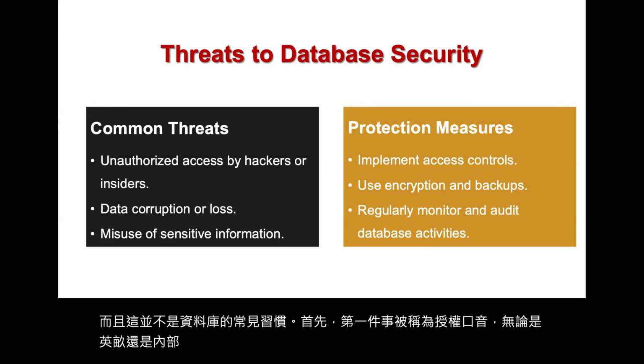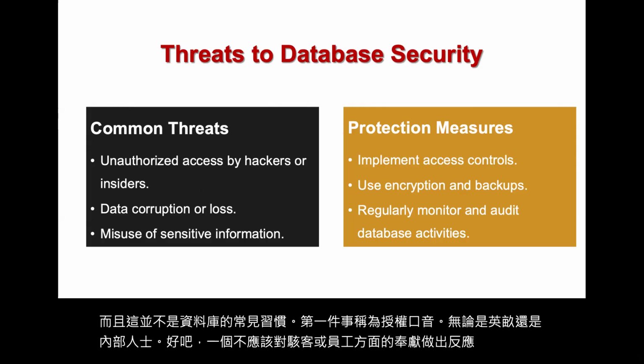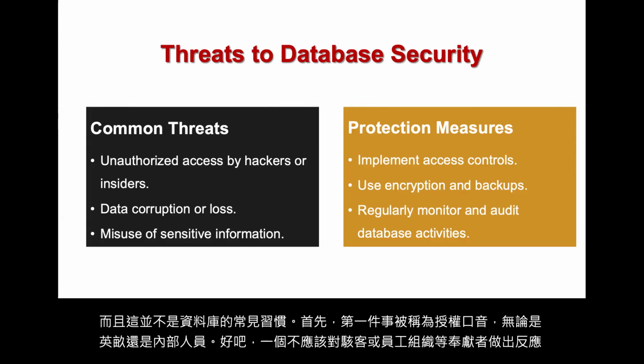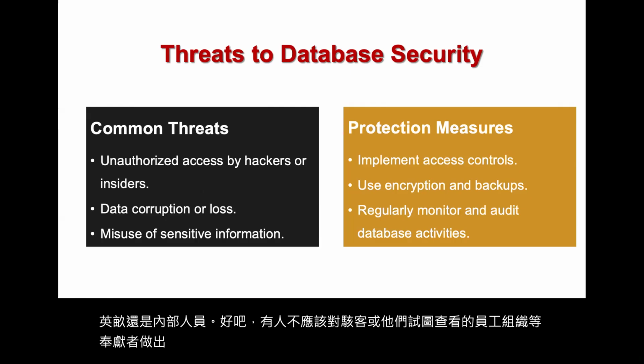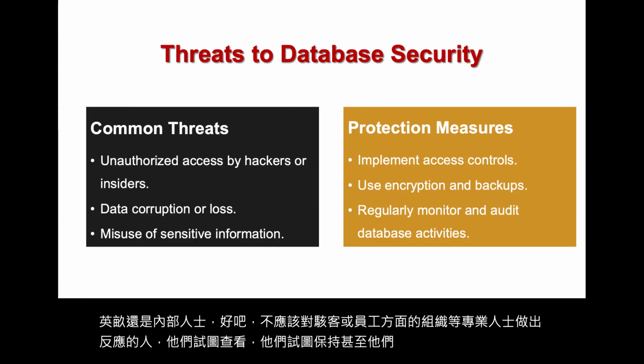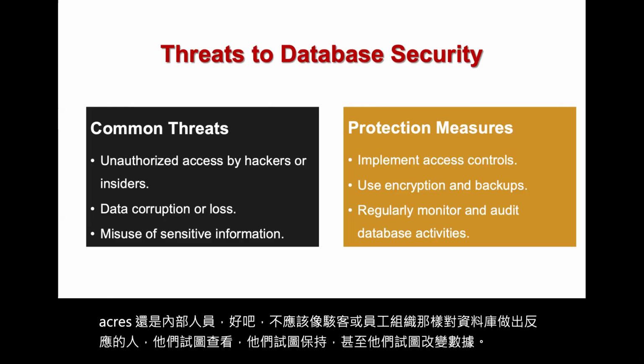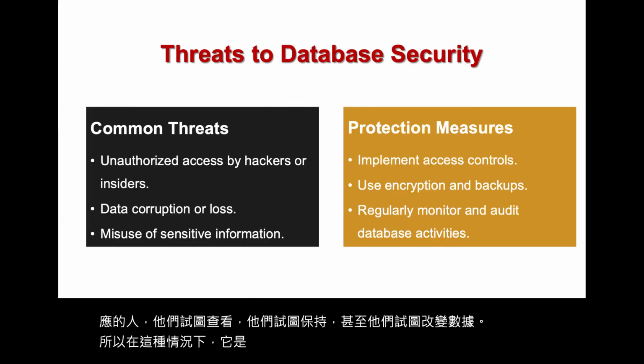Someone who should not have access to the database, like hackers or maybe an employee inside the organization, tries to steal or even change the data inside. So this is one of the common threats that usually happens in the database.